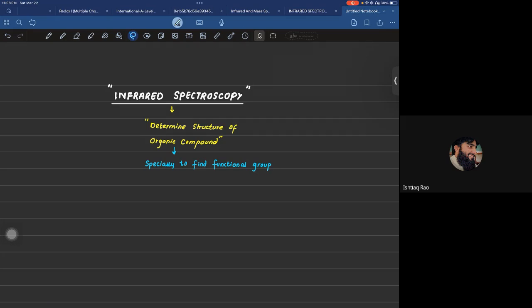Here we are going to analyze the infrared spectrum. In our syllabus we only have to analyze the infrared spectrum. We are not supposed to discuss how it works or how we put in a sample; these things are not included in our syllabus.